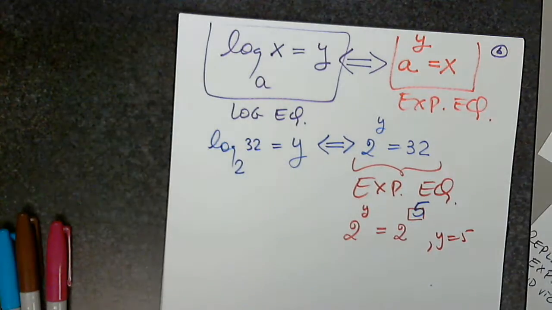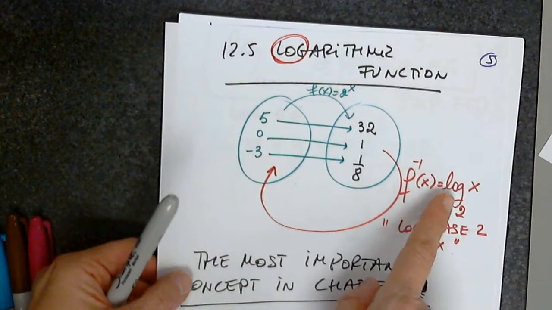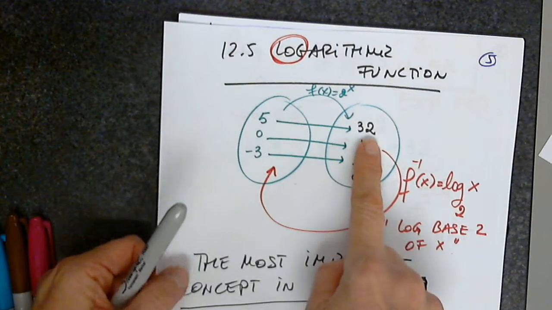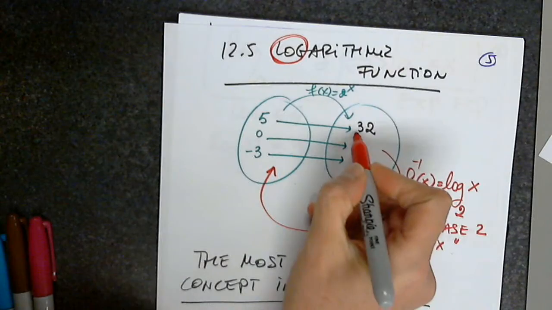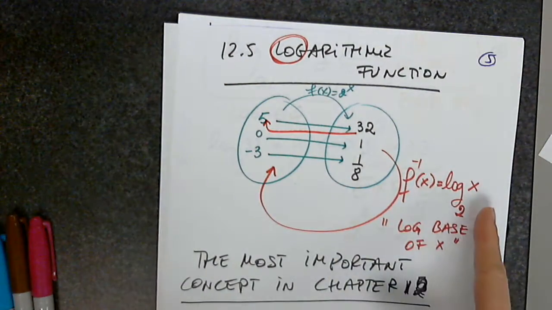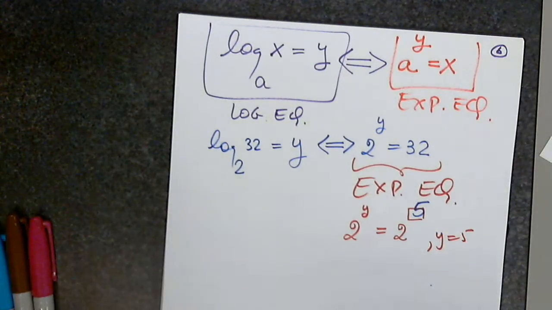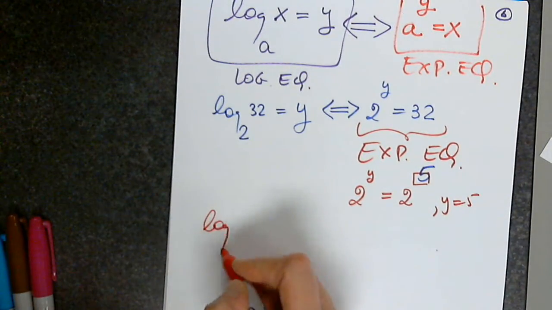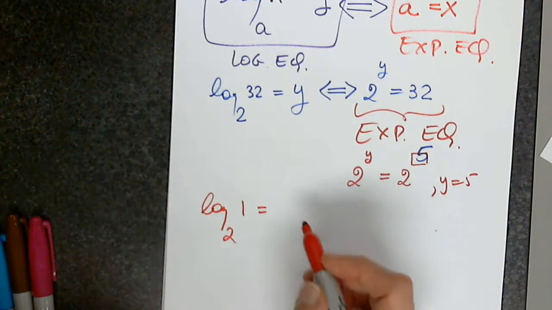So, coming back to our situation, it appears that we showed that log base 2 of 32 will definitely return what? 5. We're going to repeat the mechanism for 1. So, log base 2 of 1 is, I have no clue.